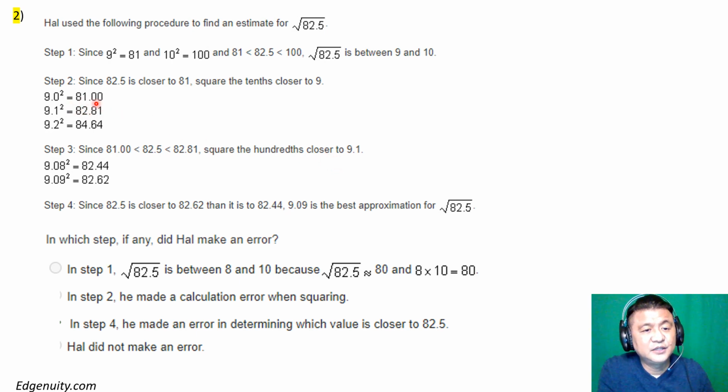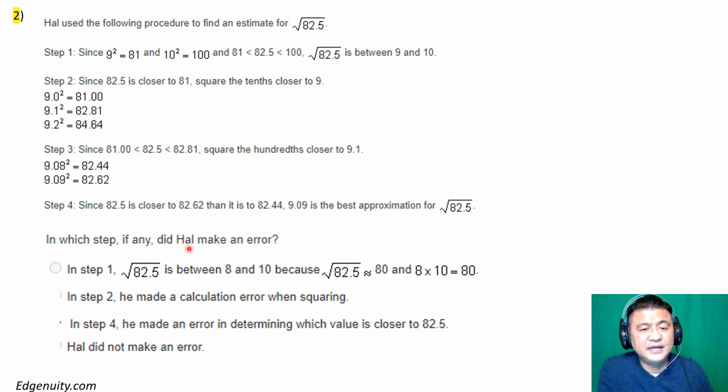So 9.08 squared equals 82.44, and 9.09 squared is equal to 82.62, because you want it to be hundredths. And since 82.5 is closer to 82.62, 9.09 is the best approximation.